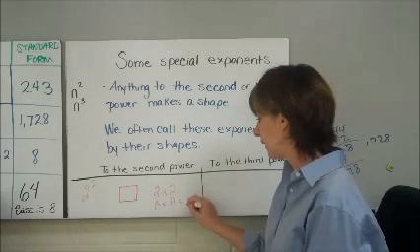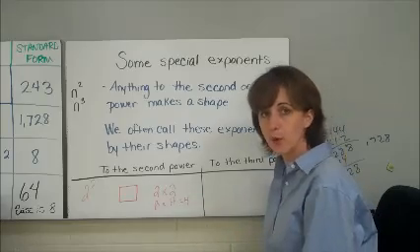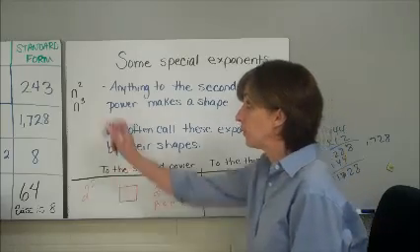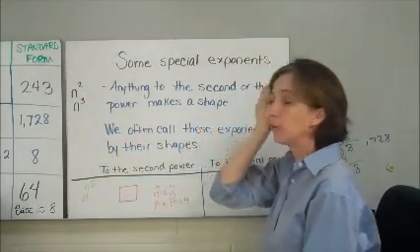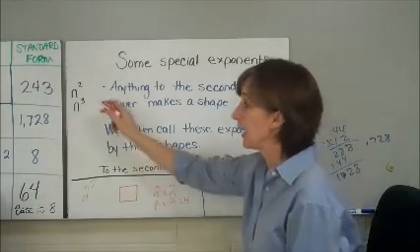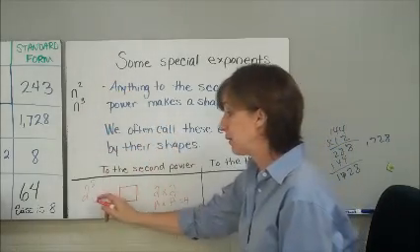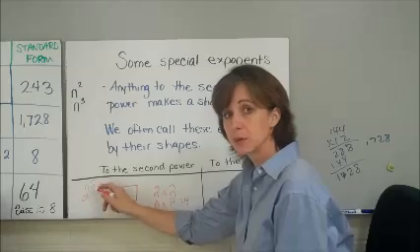And the area of that square is 4. So very often when we have something to the second power, we call it squared. This could be read n squared, and this could be read 2 squared.